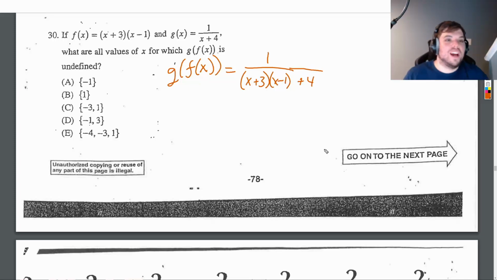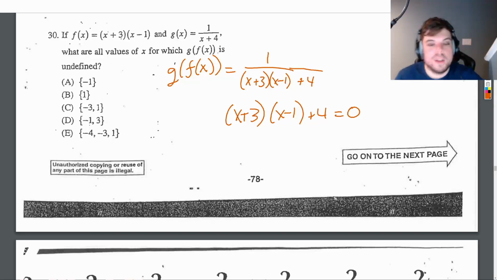Okay, so now, what is going to make this undefined? Essentially what this is asking is, when is (x plus 3)(x minus 1) plus 4 equal to 0? Because wherever it is equal to 0, we have a problem.